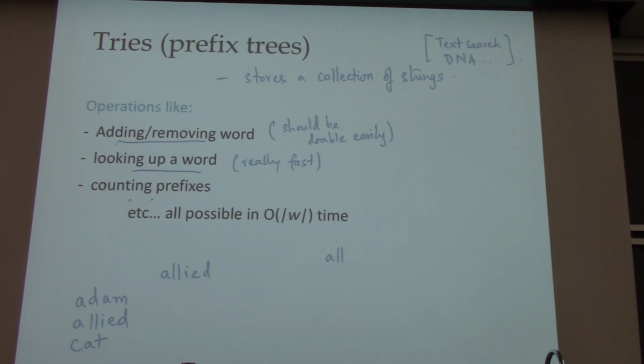So you first have a root node. So you store this as a tree. Okay. So it's stored as a tree. So there is a root node. This stands for the empty string. And you have a collection of nodes. So now for every letter in the alphabet, you have a subtree. Okay, so this is for A, this is for B, C, and so on. Okay.